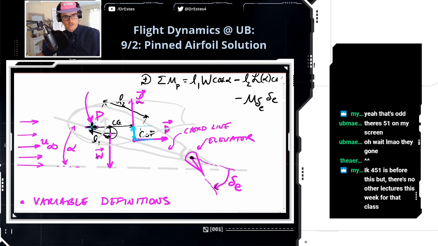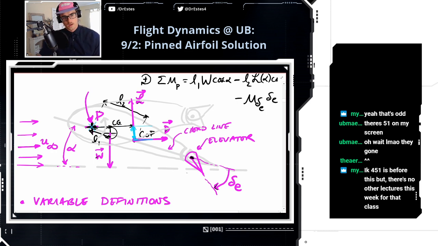So this whole airfoil can rotate about that pin, and yeah, there is another pin at the back that this elevator can rotate about. You know, it can get into different configurations, but we're looking at the rotation about this front pin.